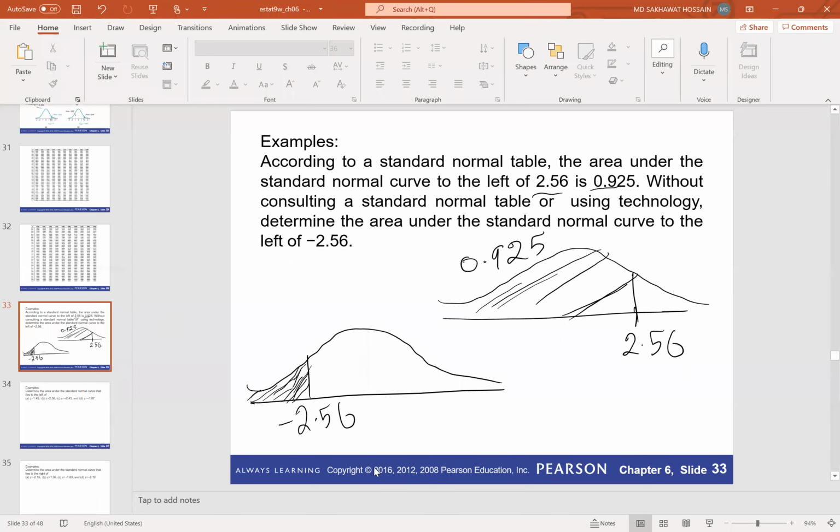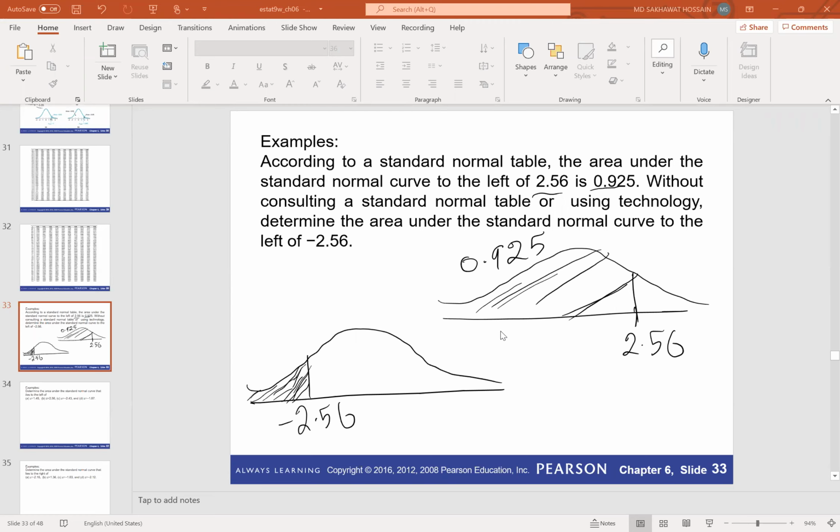So how do we calculate this area? Anyone? Would you calculate the area of the 0.925 and the 2.56 and minus it? Okay, so for negative 2.56, this is the area.